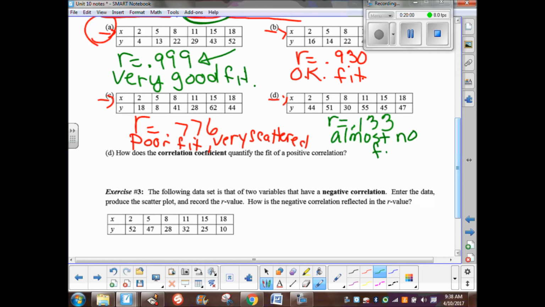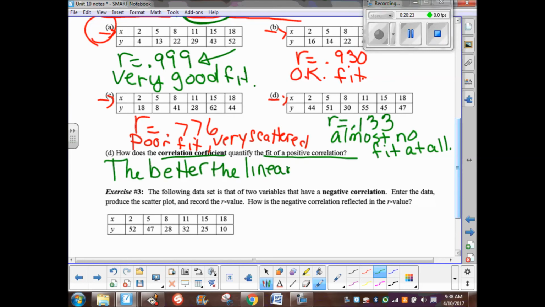So it says, how does the correlation coefficient quantify the fit of a positive correlation? Okay, so how does it put a number to that? The better the linear fit, meaning the closer it is to a straight line, the closer the R value is to what?